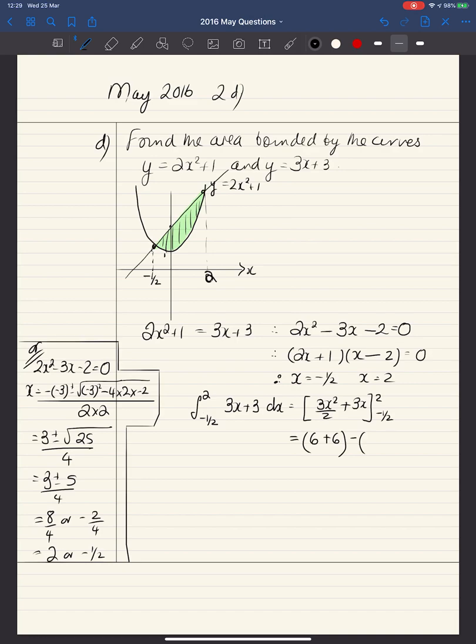Well, minus a half squared is plus a quarter, so multiplied by 3, 3 quarters, divided by 2, 3/8, minus 3 over 2. And then 3 over 2 is the same as 12 over 8. So we've got minus 3/8 minus 12/8.